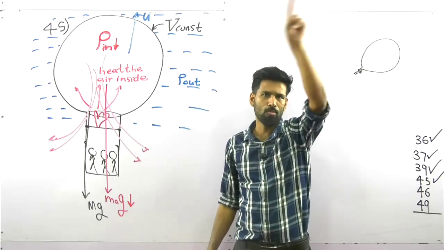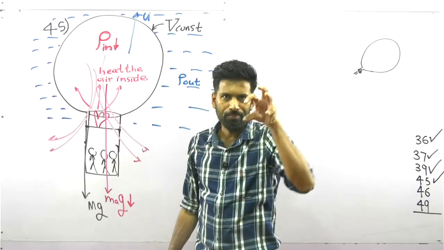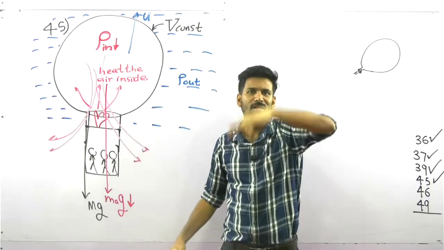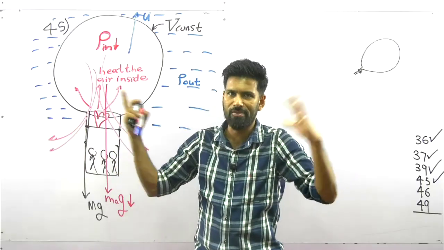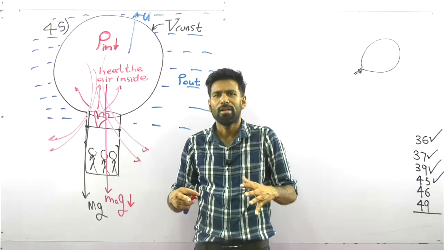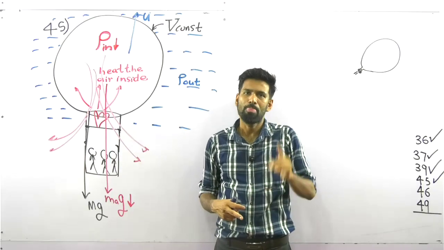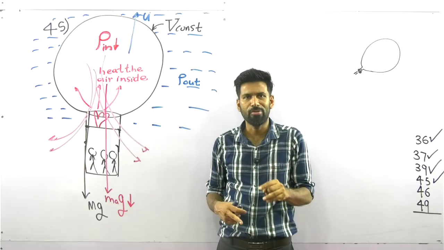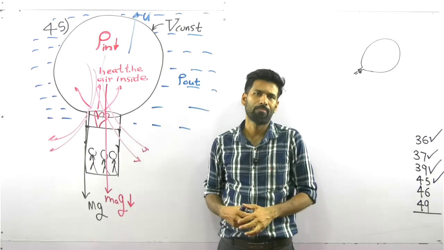So this volume of the balloon can be considered as an immersed volume inside the outside air. You can consider outside air as a liquid, and that liquid will create an upthrust on the balloon. That upthrust will move the balloon upwards when you are decreasing the inside weight by heating it.